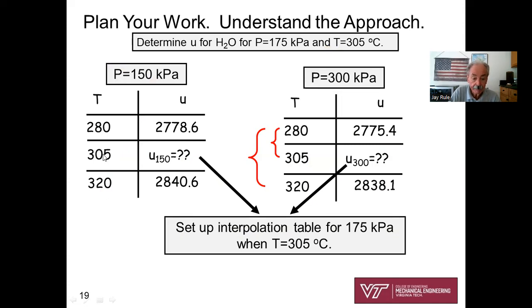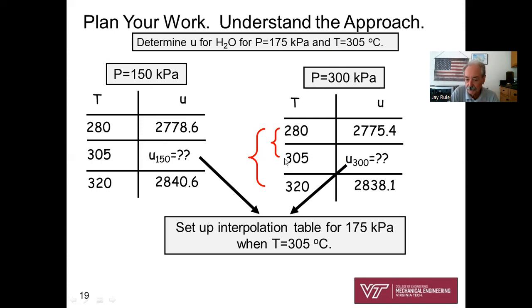So here we go. I'm going to write down what I see in the book. 280, 305, that's space available for what we're trying to find, and 320, it's in the book. So I write down the U values from 150 kPa. Then, off to the right on my sheet of paper, I write down the same table for 300 kPa. I keep these tables separate. Temperatures are similar.